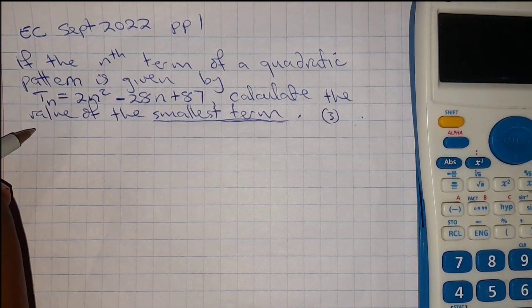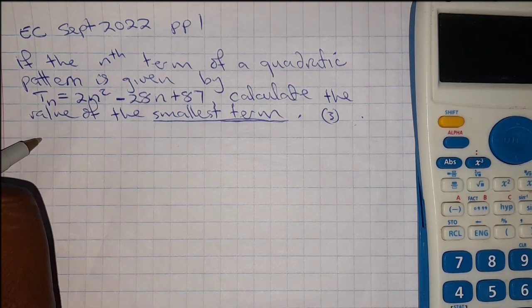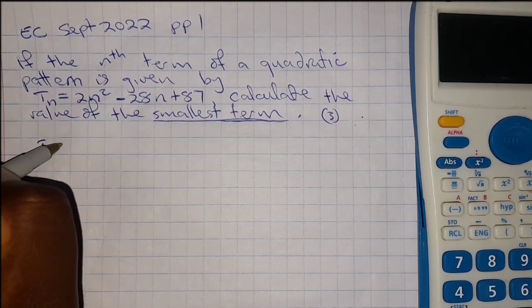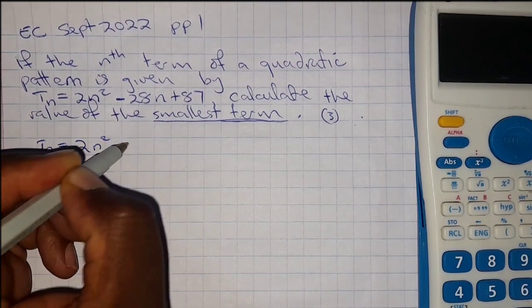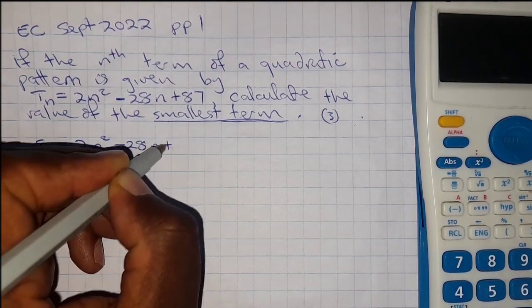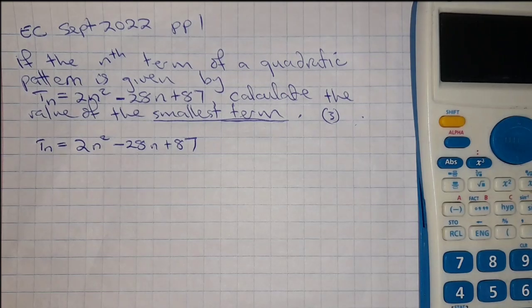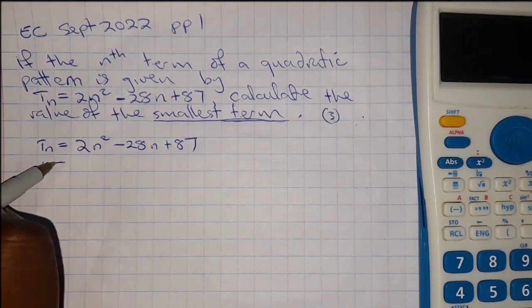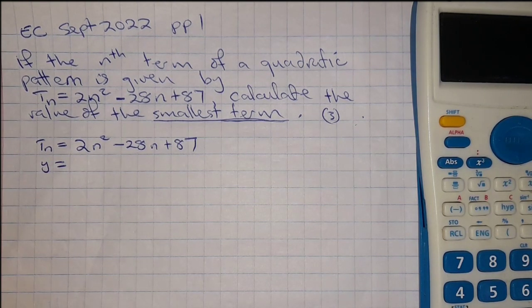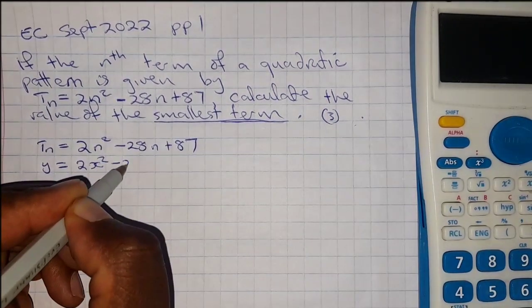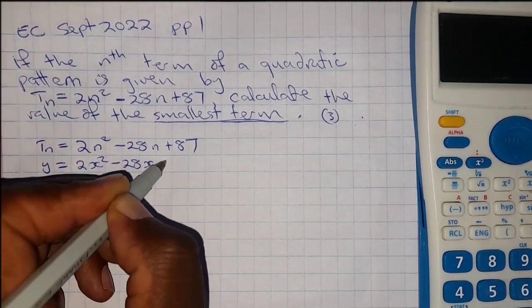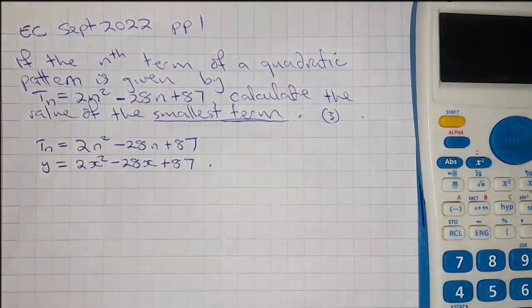When we are dealing with number patterns, we say Tn is equal to 2n squared minus 28n plus 87. This is how we say it in number patterns. But I want you to know that this is a quadratic equation, which we can write as 2x squared minus 28x plus 87.